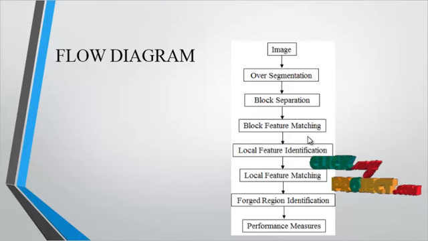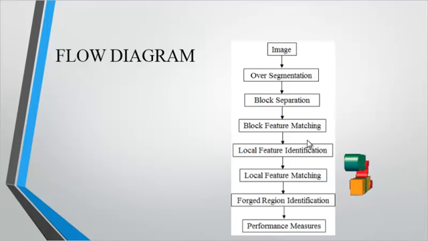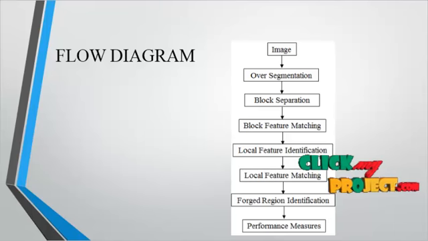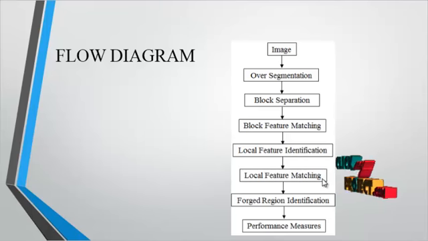After extracting the features, the block feature matching will be carried out. Then the local feature identification. In the local feature identification, the feature points are identified by the coordinates of the image. Then the local feature matching is carried out to match the particular region according to the feature region.